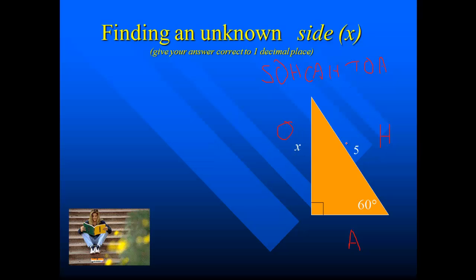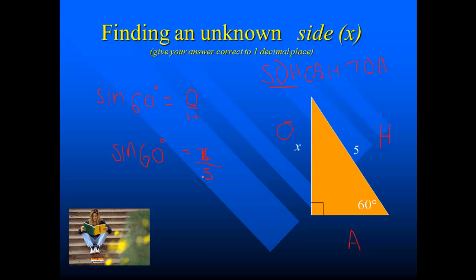So unknown, and the side I know information about: O and H, so I'm going to have to be using sine. Sine of what? What is the angle that I've been given? 60. Sine 60 is equal to O over H. Writing these steps in a word problem is very important. Sine 60 is equal to the opposite side being x and the hypotenuse being 5.